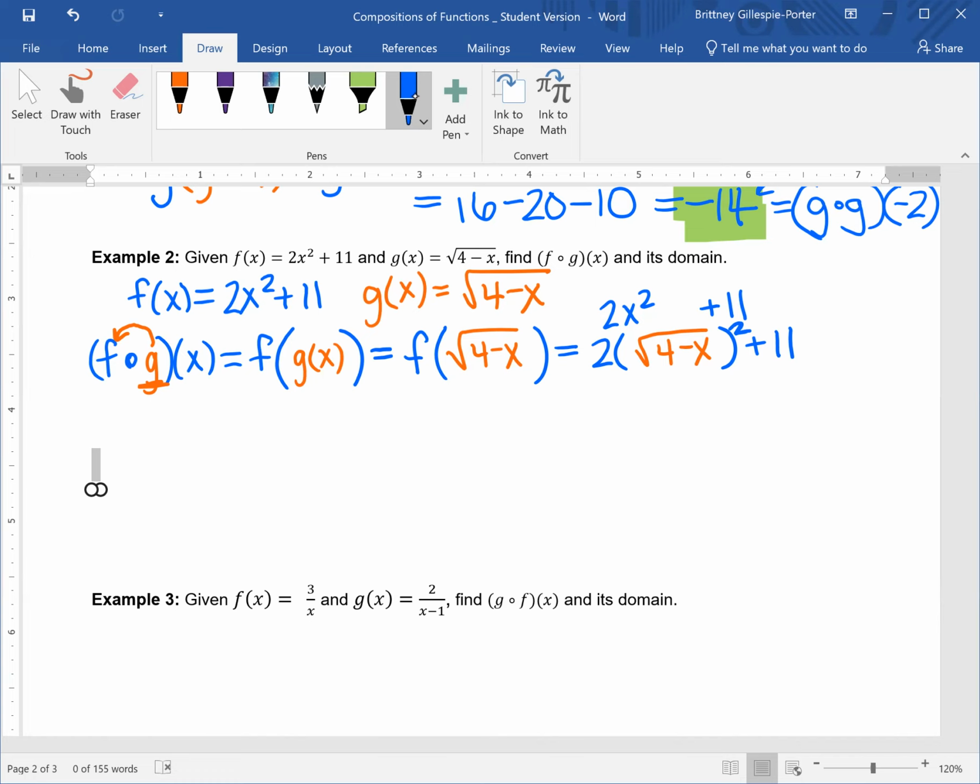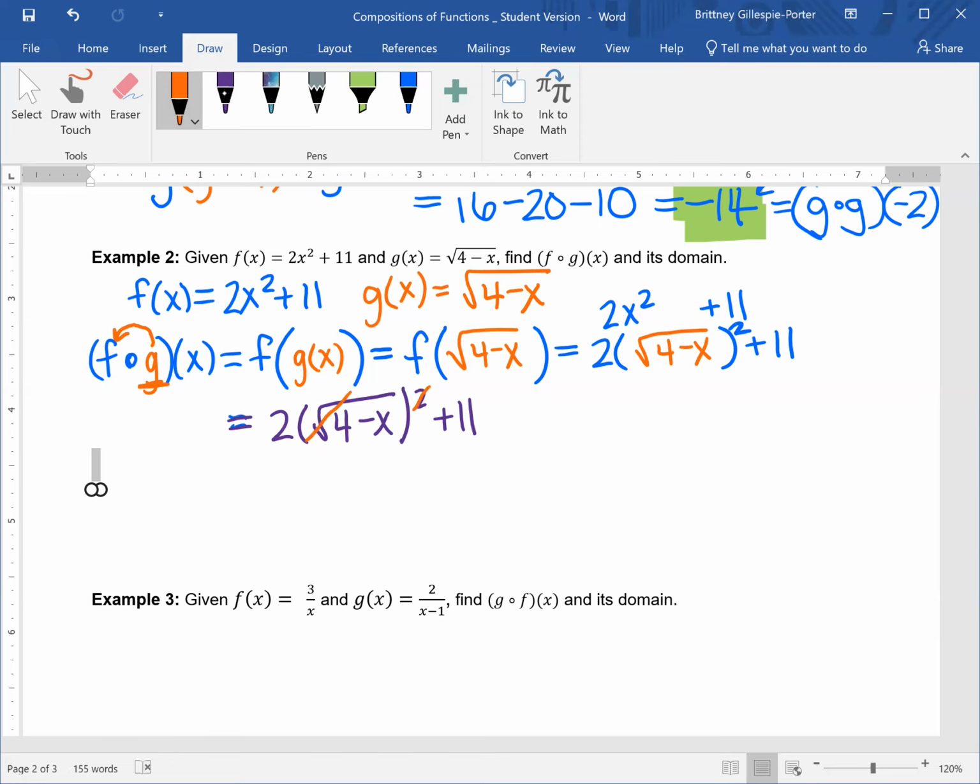Now you may remember that when we have the square root of something and we square it, the square root and the square take each other out.